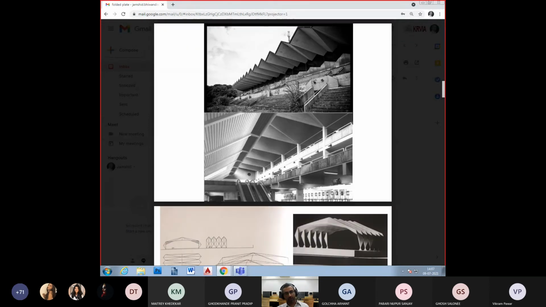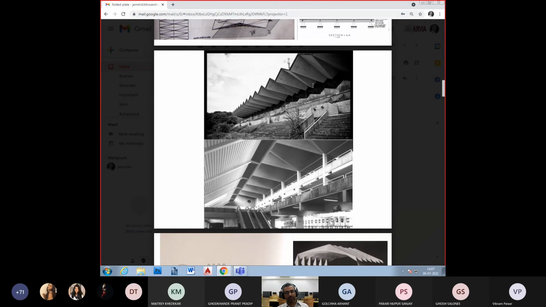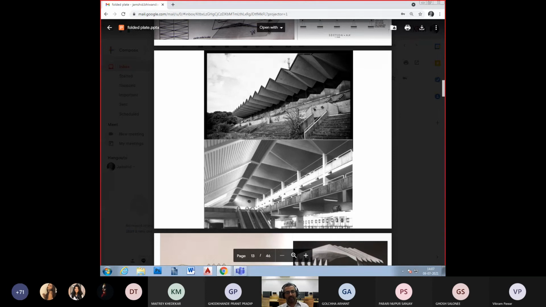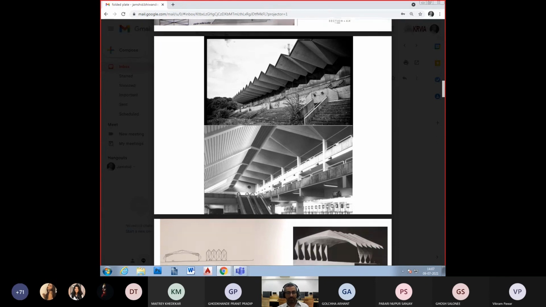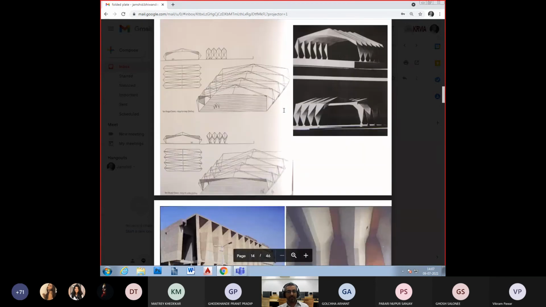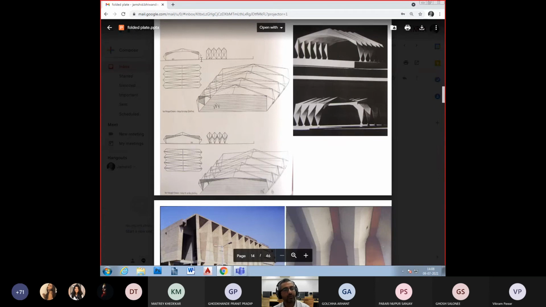Torroja's work on working with shells and folded plates has been renowned over the world for his large spans and greatly appreciated rigid frames with regards to sports complexes that are there in the south of Spain. These are again a number of examples worked by Heinrich Engel.